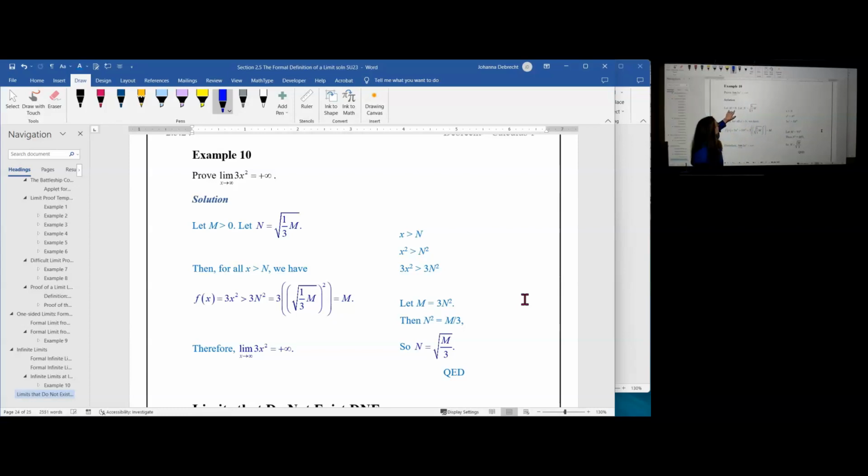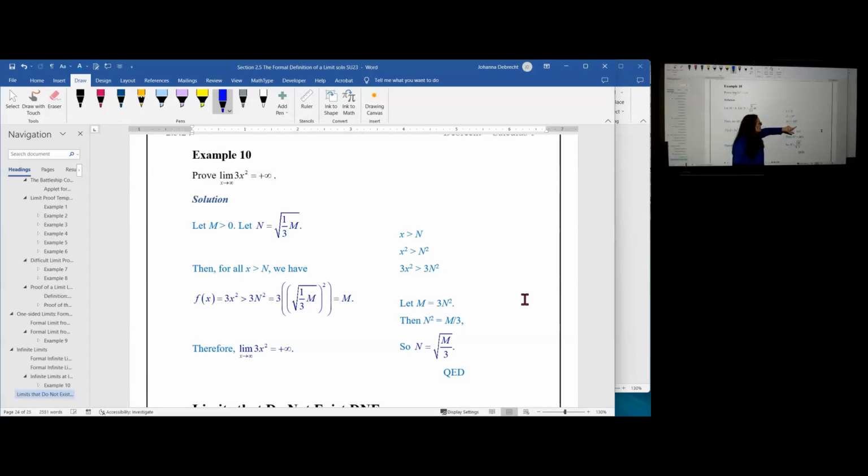Okay, so when we're looking at this, we're gonna start over here and we're gonna say, we've got this n, and x is bigger than the n. Then I'm gonna try to build my function to be bigger than something so I can find it. So I need to figure out what n is.